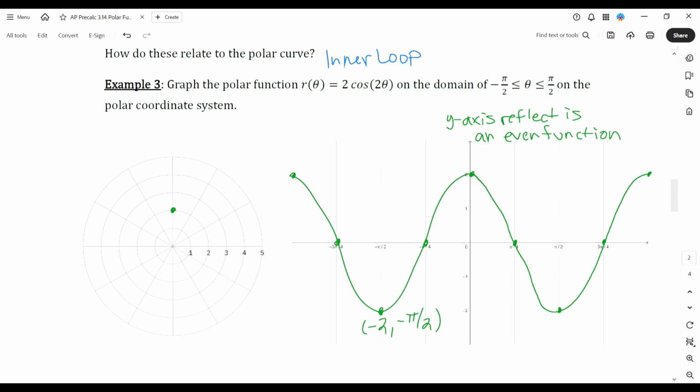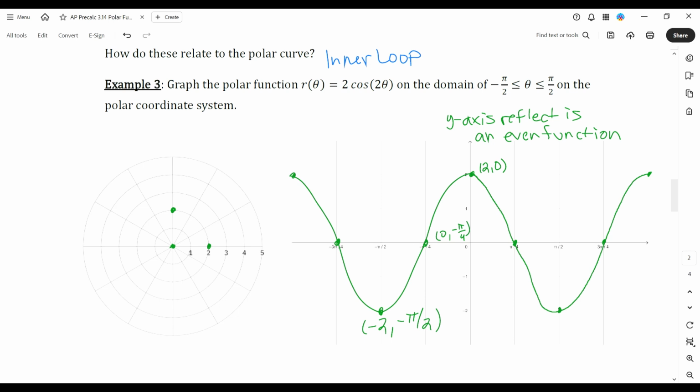The next point would be 0 comma negative pi over 4. The radius is 0, so this is a point at the origin. I'm not going to connect the dots quite yet. Next, the next point is 2 comma 0. That is right here. It's a radius of 2, the angle is 0, so it doesn't move at all.